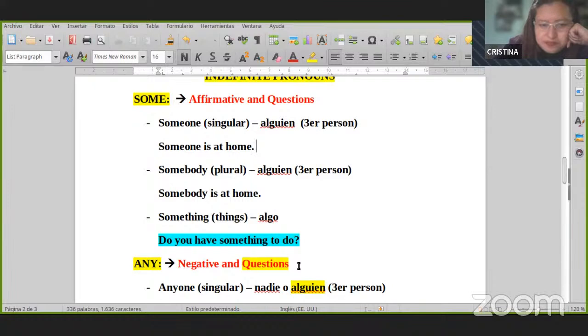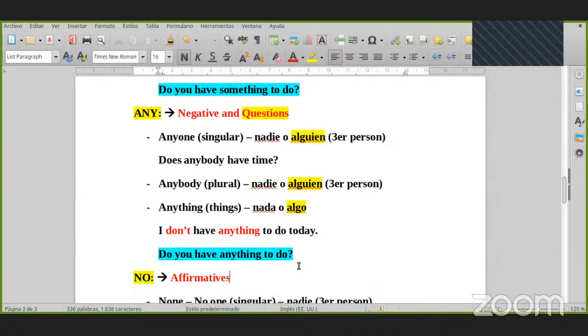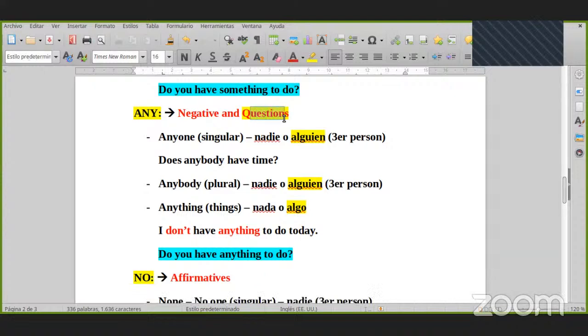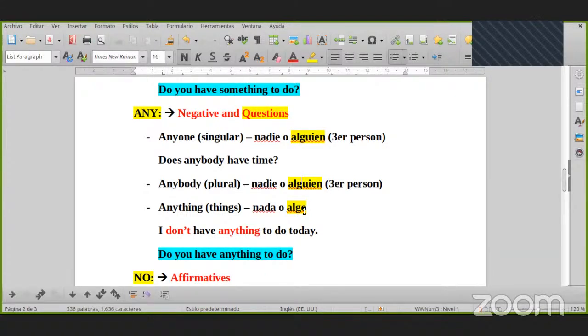The second is any. Any has the same variations. Any with one, anyone, in singular, means nadie or alguien. It means alguien when we use it for questions. In questions, we use alguien, algo.